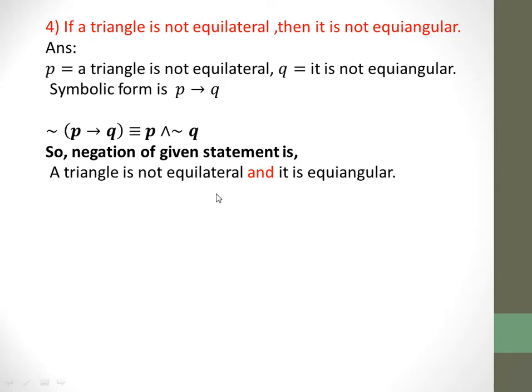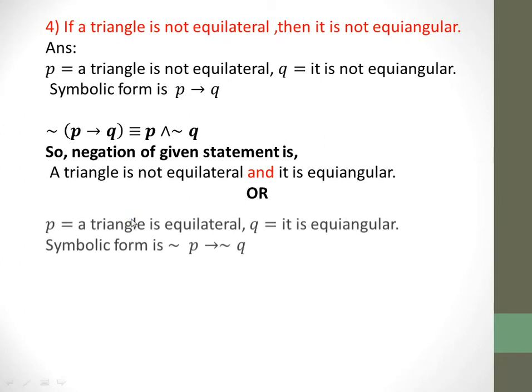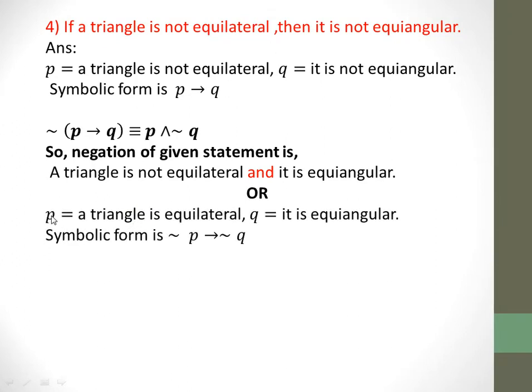But sometimes the other method is like this. This can also be written as, suppose we select P as the statement "a triangle is equilateral", meaning we remove "not" from it, and Q as "it is equiangular". If you select like this, then what will be the symbolic form of the given statement?